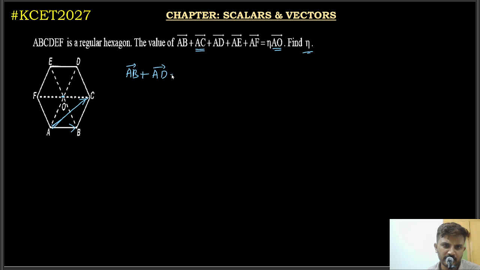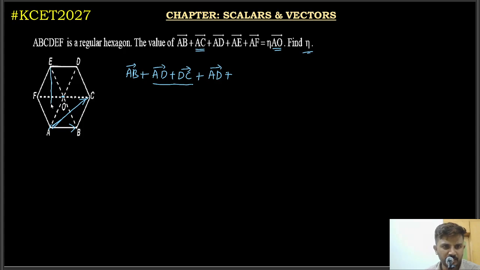AD plus DC. This is vector sum. Okay, from here to here and here to here. So this is AC plus AD, as it is, I will place AD plus AE.